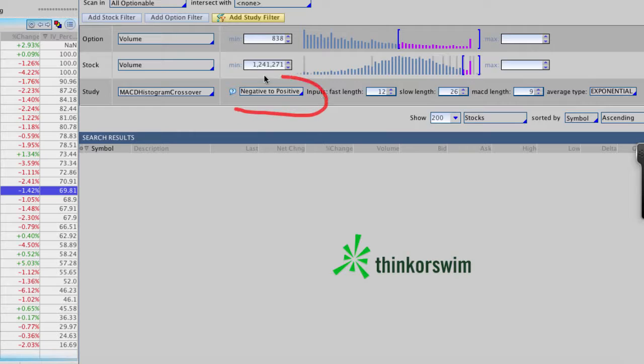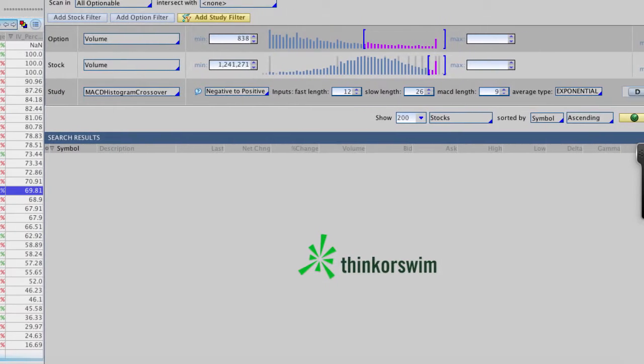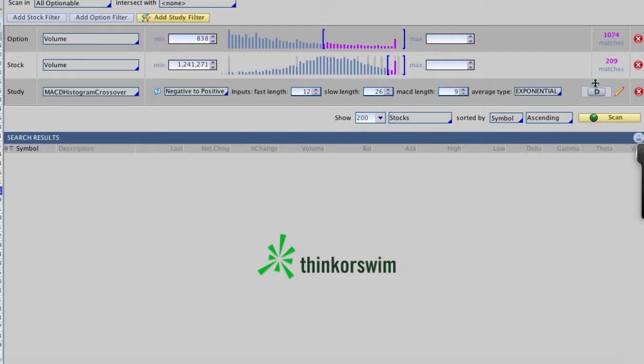It's a really cool tool to use because you can study filter all of these stocks and look specifically for stocks that have a MACD histogram crossover that went from negative to positive based on some set of inputs. So if we just use this one here, we can go ahead and click scan.